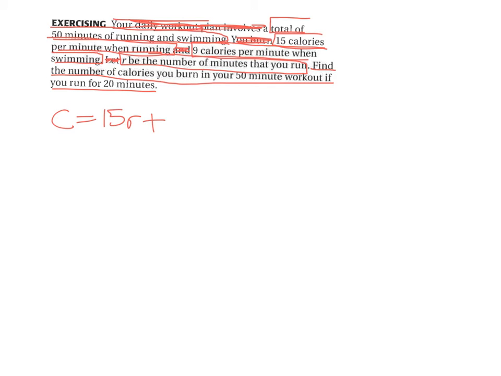So I need to add to that 9 times the amount of time I spend swimming. Now, if the total is 50 minutes, and I run for R minutes, the time I have left for swimming is going to be 50 minus R. So now I have this kind of complicated looking expression here, or equation, to show the number of calories that I end up burning. I would like to simplify this to make this easier for us.